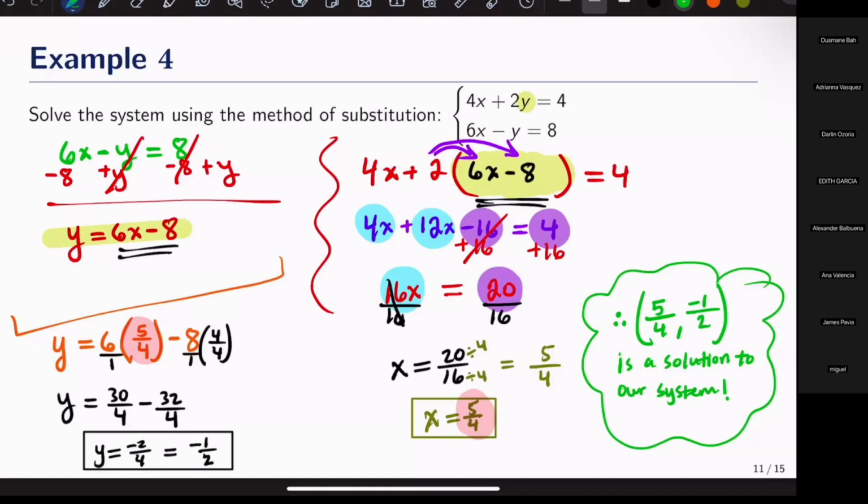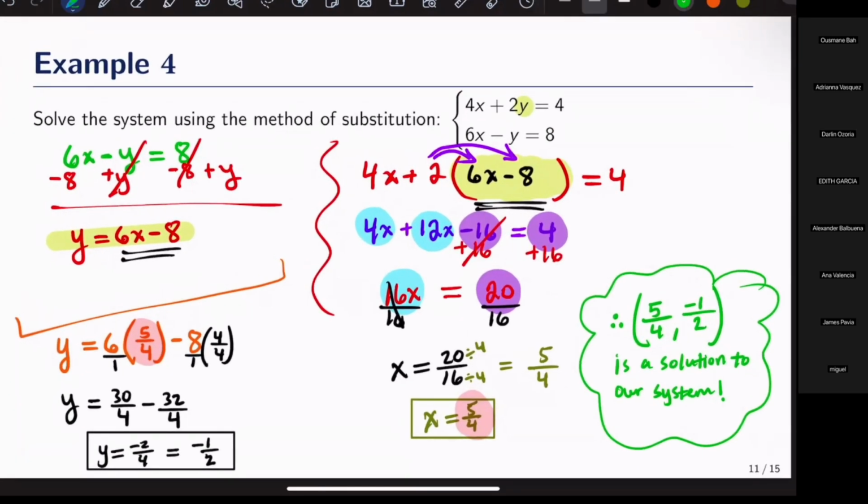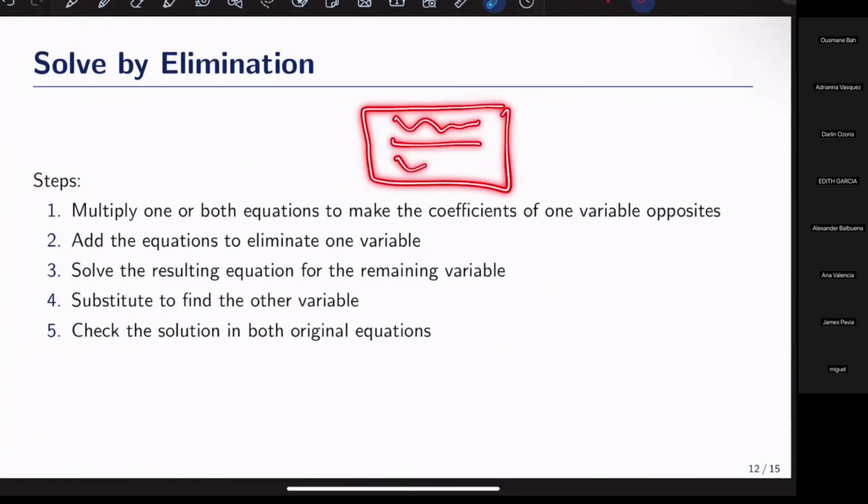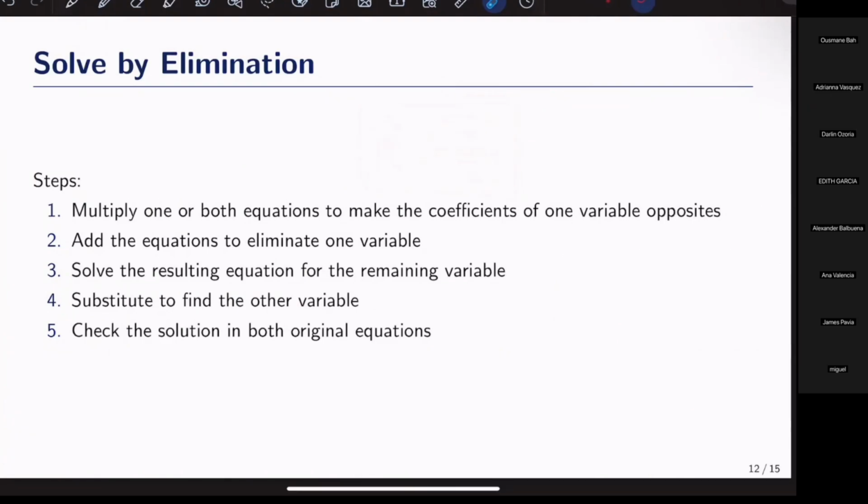All right, let's go to the next slide. And now we're on to elimination method. So these are the formal steps for solving a system of equations utilizing elimination. What you're essentially doing is you keep your system of equations in that sort of stacked format, and you want to multiply either one or both of those equations in order to make the coefficients opposite of one another.